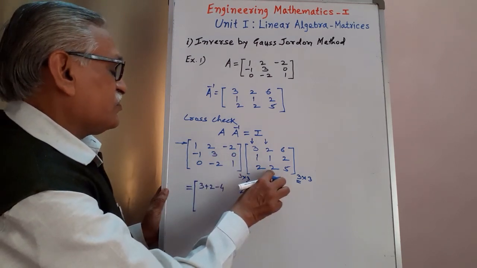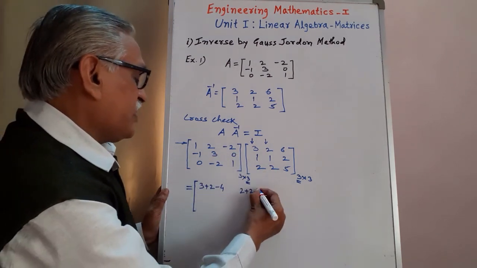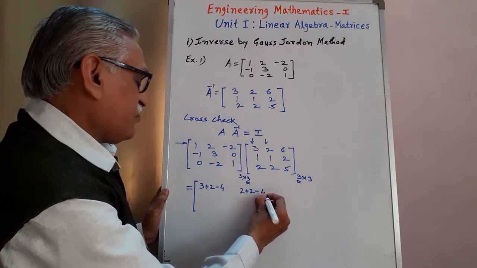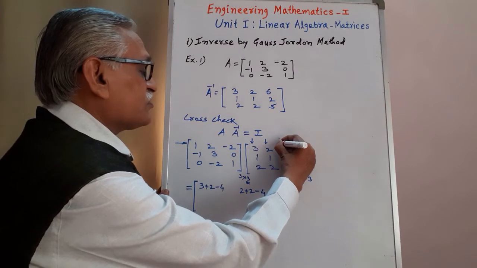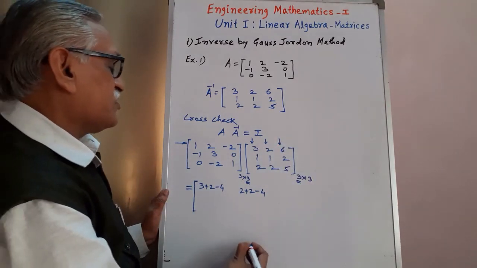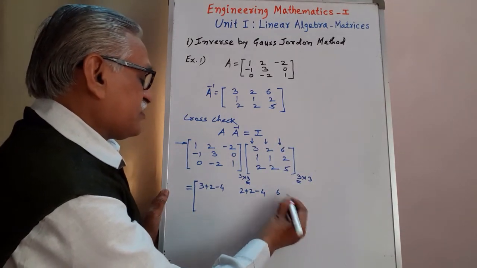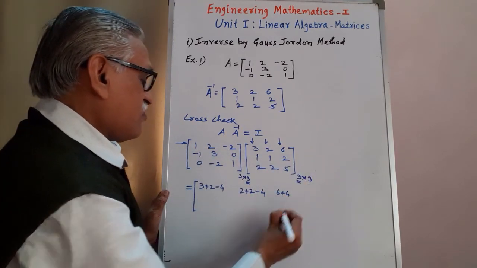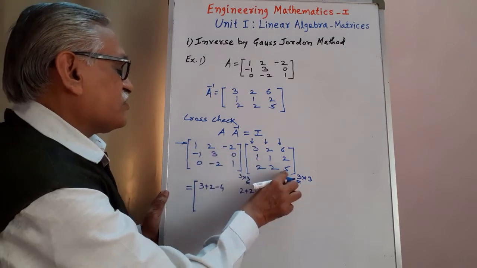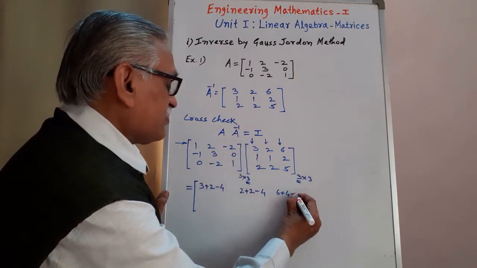Minus 2 into 2 we get minus 4. Then by the same row to the third column, 1 into 6 we get 6, 2 into 2 is 4, and minus 2 into 5 is minus 10.